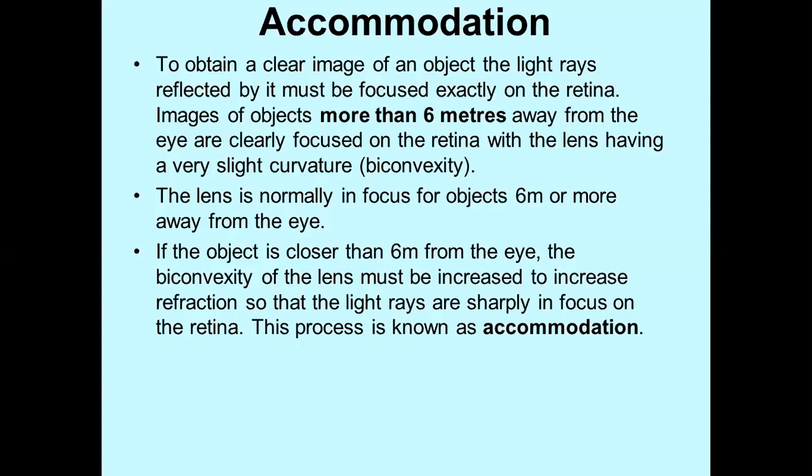So what I want you to do is look out your window at an object which is more than 6 meters away. Hold your head upright so that you can see clearly through the window, and cover your eyes with your hands. Close your eyes.